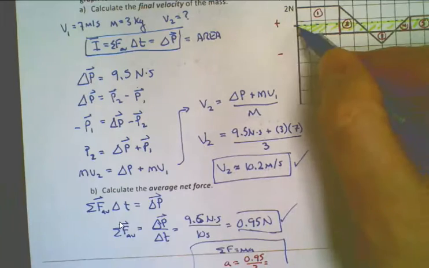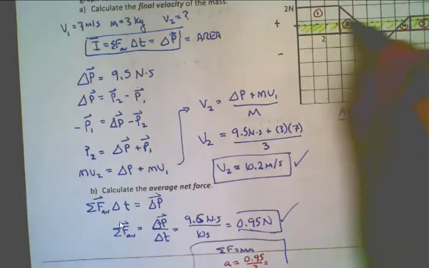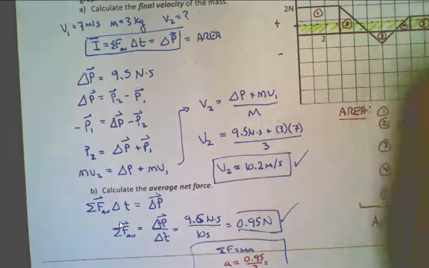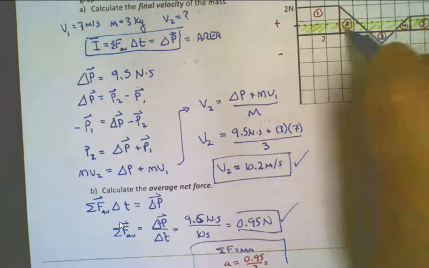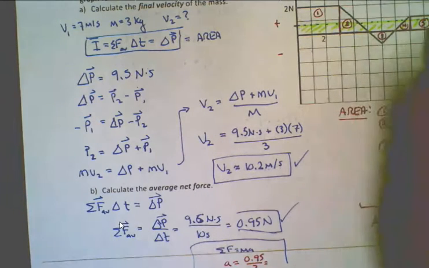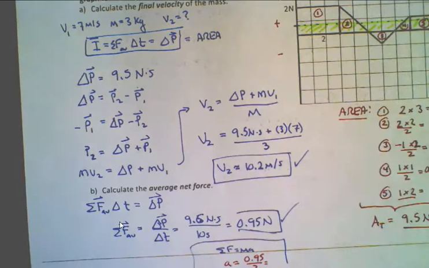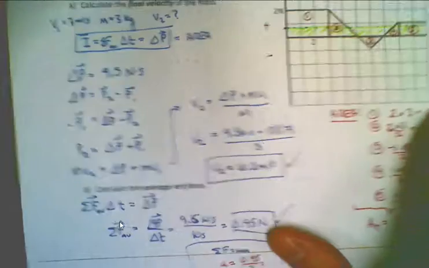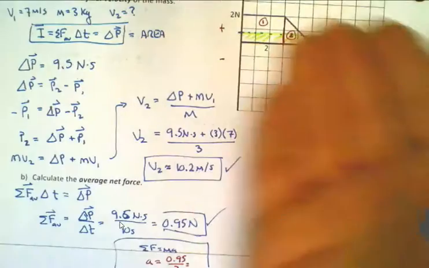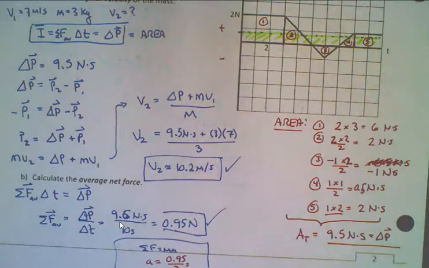So the area with the average net force is equivalent to all these other areas. That green area is equivalent to this, plus this, minus that, plus this, plus that. It equals exactly the same thing. And so whether you're using the average net force or looking at the change in momentum as it moves through with this time variant force, you can do those calculations.